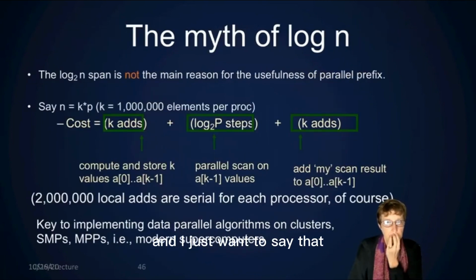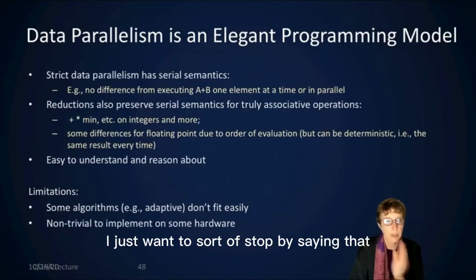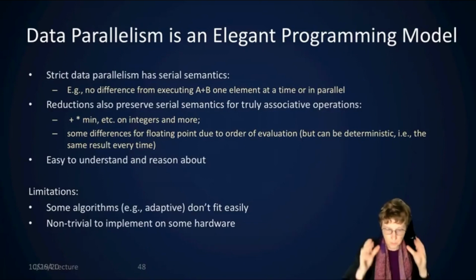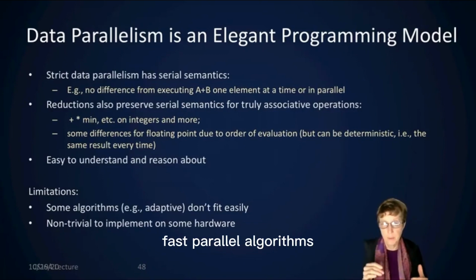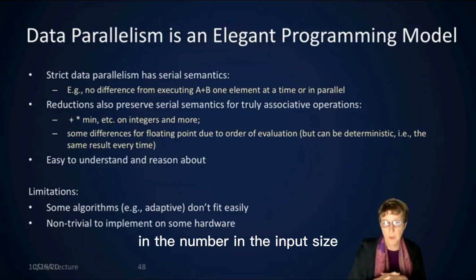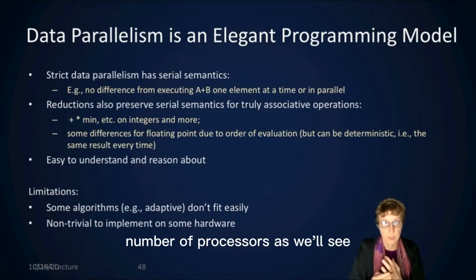I just want to stop by saying that this way of thinking about parallel algorithms gives us an elegant framework for thinking about how to make fast parallel algorithms, that is parallel algorithms that are logarithmic in the input size, or even logarithmic in P, the number of processors, as we'll see.